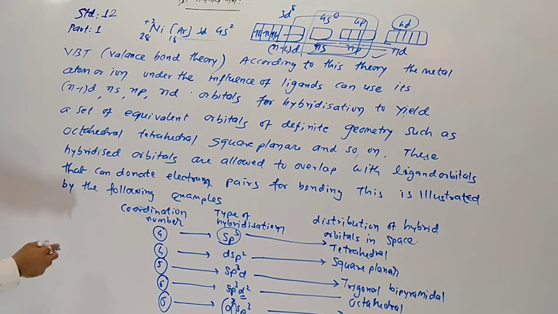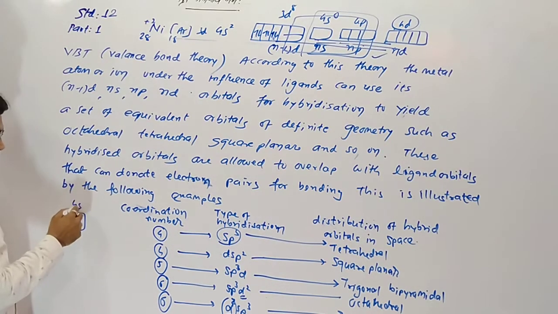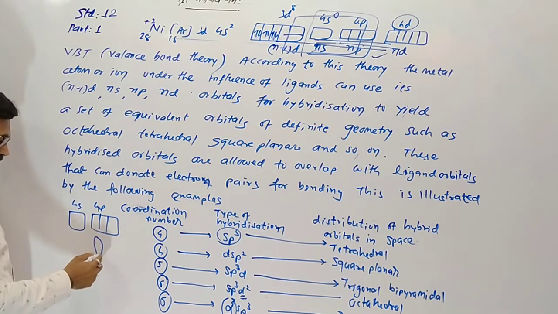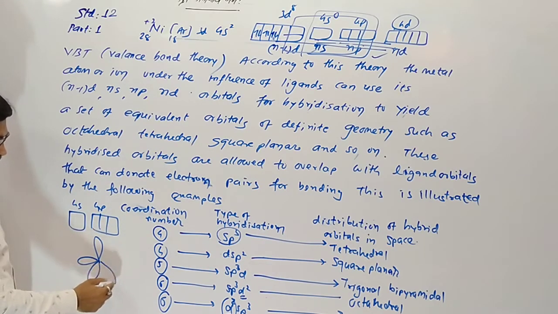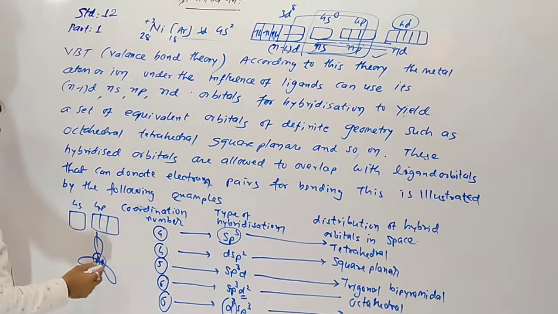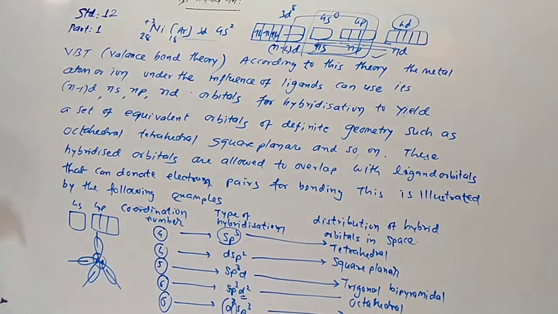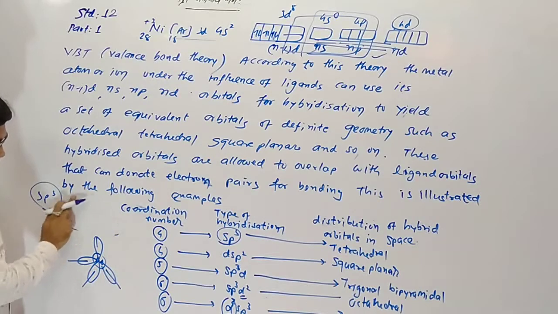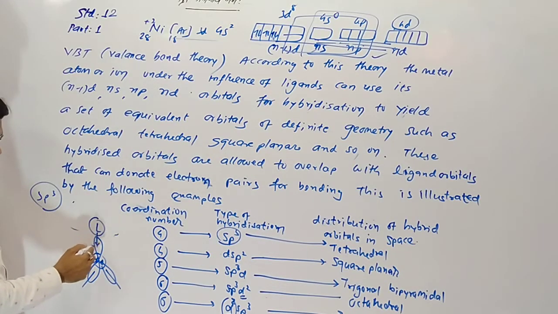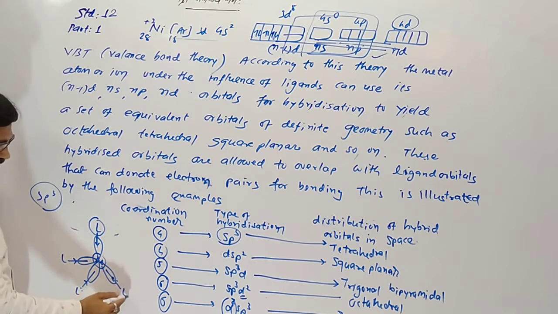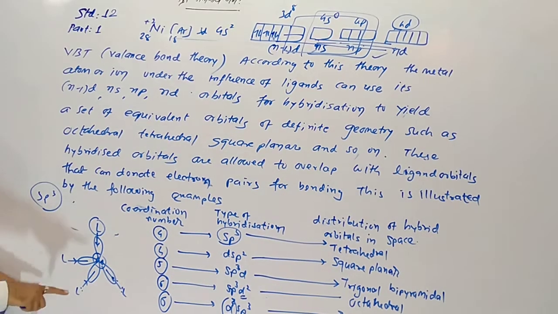After hybridization, what happens? Actually, 1 s and 3 p orbitals are hybridized. So 4 empty orbitals occur, and all 4 are called sp3 hybridized orbitals, and the ligand donates an electron pair to these vacant orbitals, which are directional.